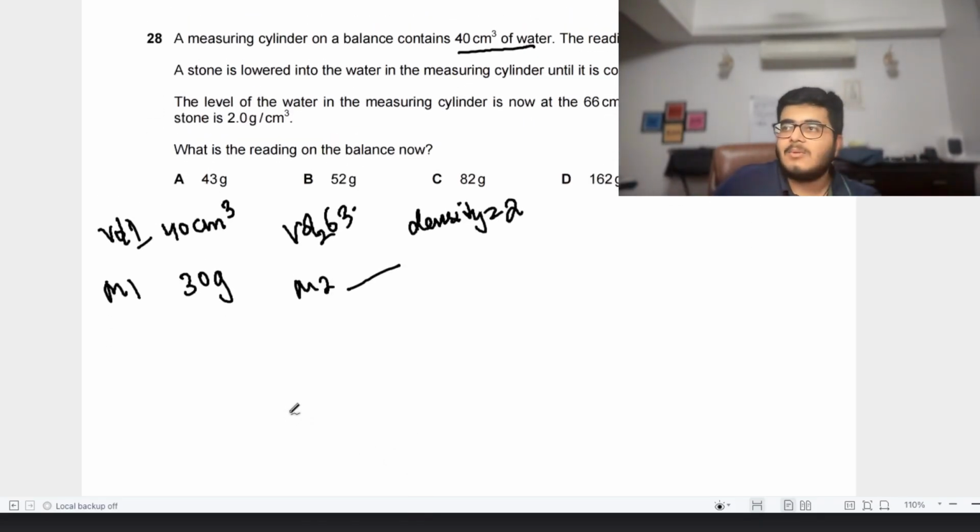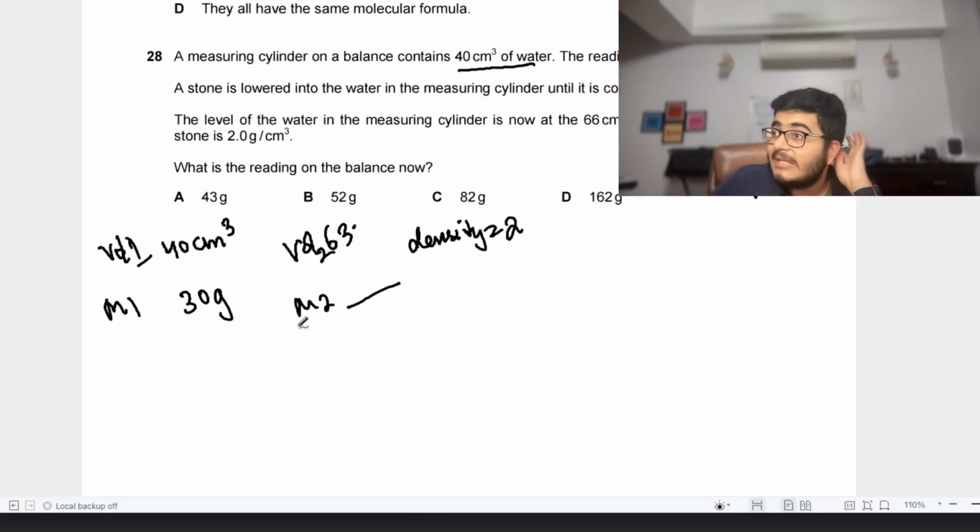We just discussed that if we subtract the volumes we get the volume of the object, and if we subtract the masses we get the mass of the object. So density is mass upon volume.